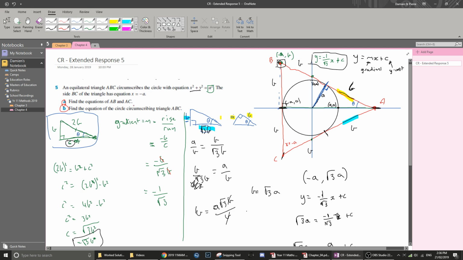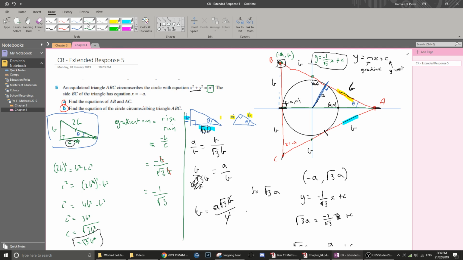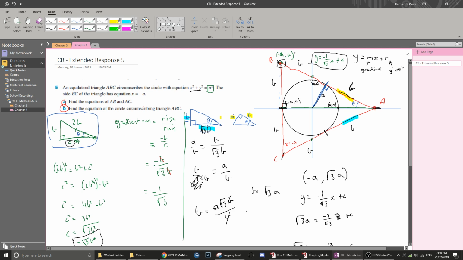Find the equation of the circle circumscribing the triangle. So since it's a circle circumscribing the triangle, this is saying we have a new circle, and this is going to be hard to draw, a new circle around the outside. And it has this radius from here all the way out to here. It's touching A there.